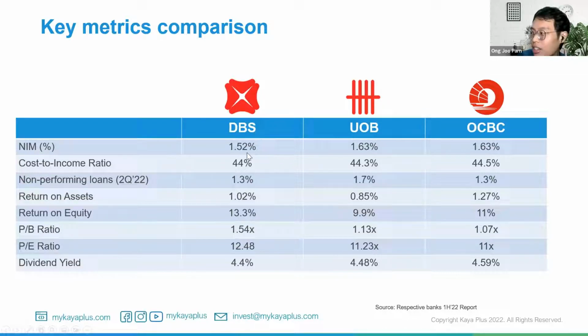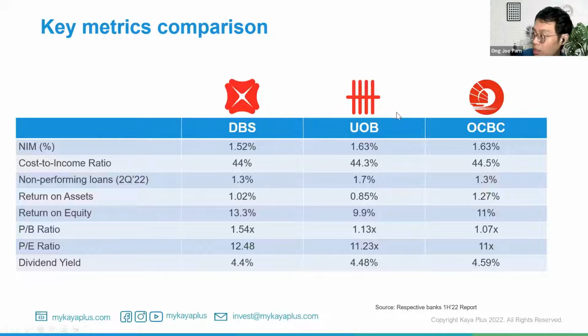So I would say that more or less, UOB and OCBC are slightly higher at 1.63%, but DBS is not too far off, just behind by 0.1%. And then the cost to income ratio, whether the bank is keeping their operating expenses at bay. They'll usually give you a guidance or KPI to meet.